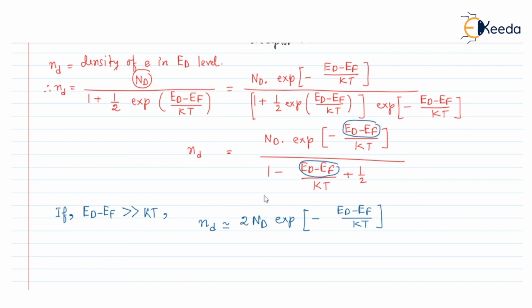Similarly, we can find the density of the holes at the acceptor energy level as 2 into Na exponential minus Ef minus Ea divided by kT.